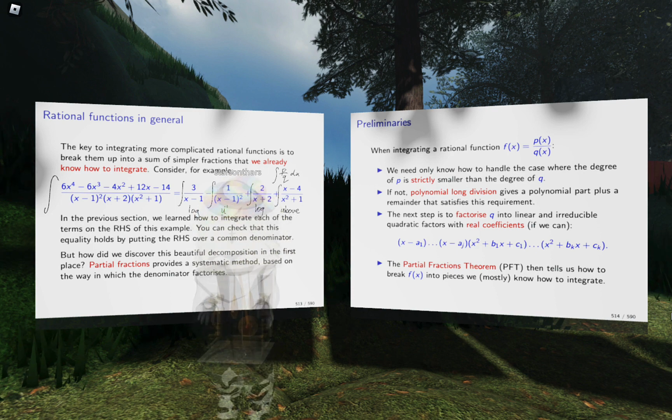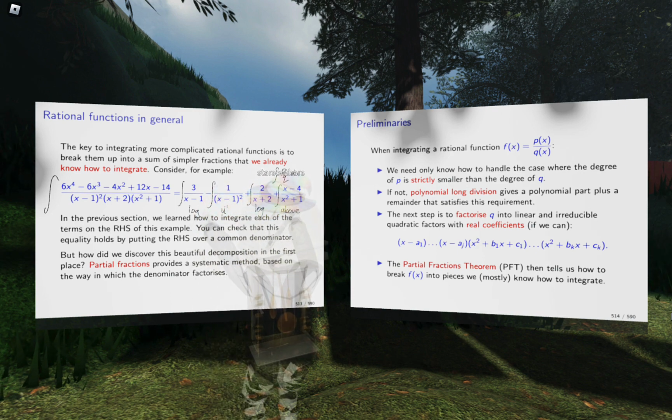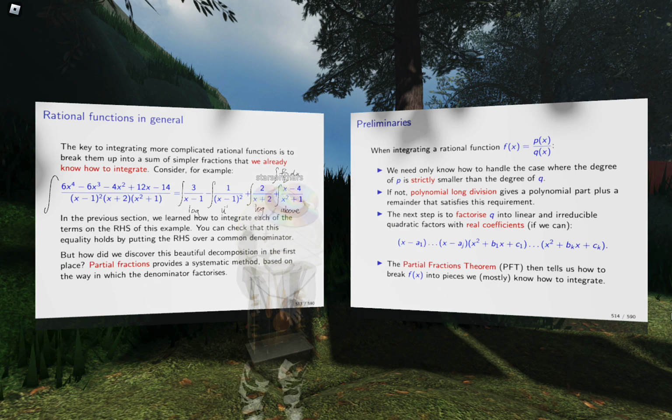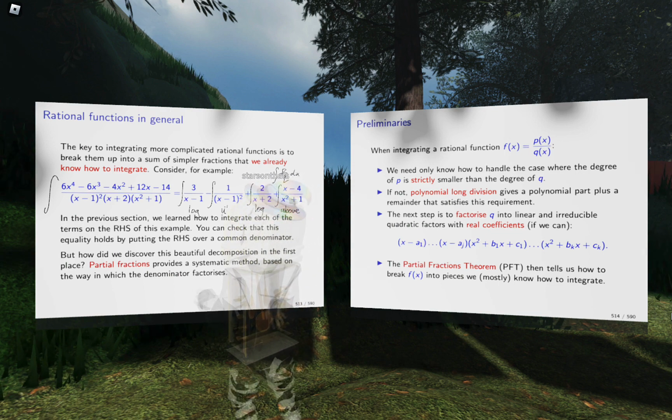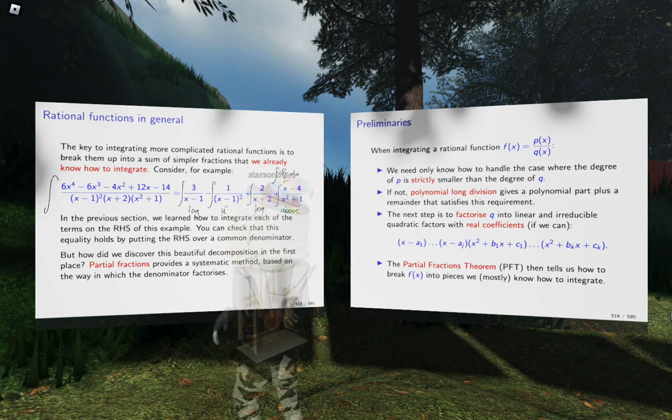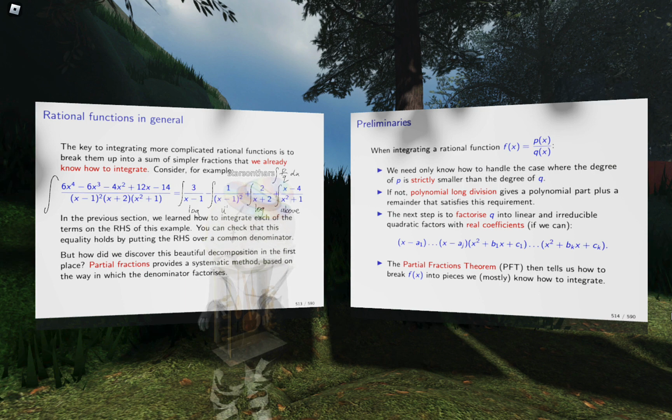I'll say above. We don't need to do it. The point here is just to see that we can, right? The right-hand side is amenable to the methods we've already developed, whereas the left-hand side does not appear to be. So it's therefore of interest that these two functions are the same. How do we know that? Well, it's easy to verify.